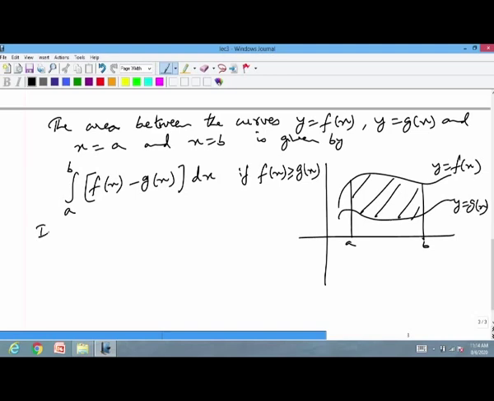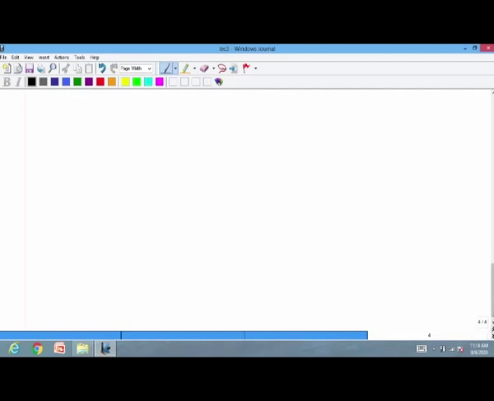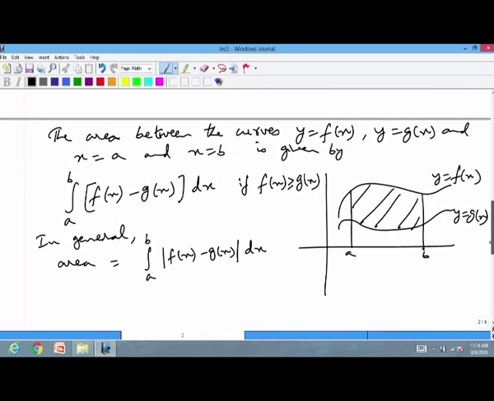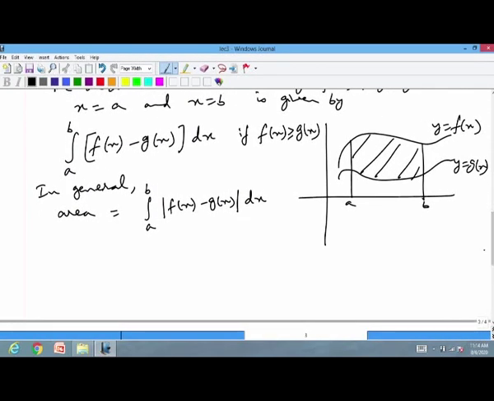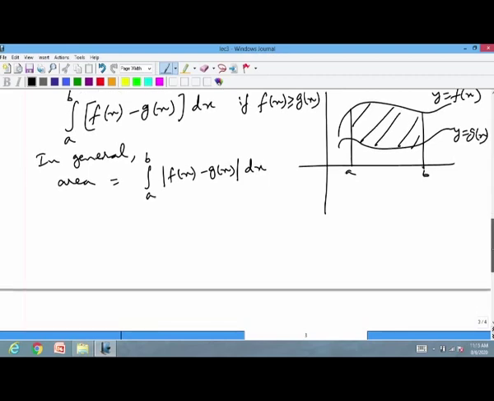In general, this area will be equal to the integral from a to b of mod of f(x) minus g(x) dx. So, we have to look at the upper curve and lower curve, take the difference and then integrate to find the area. So, now let us look at some problems.